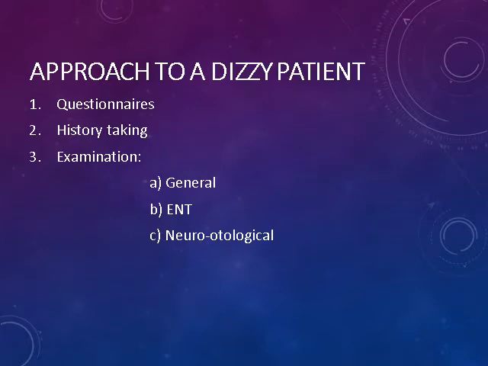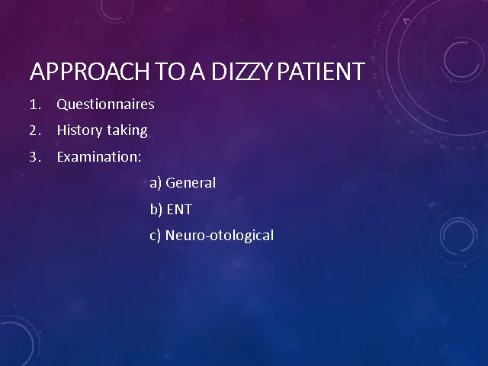How to approach a dizzy patient? Several studies have recommended to start our approach to the dizzy patient by asking him or her to answer a questionnaire. What's the importance of answering such a questionnaire?